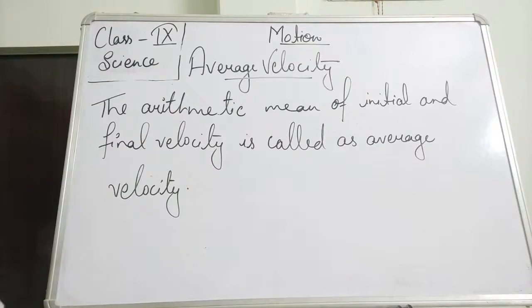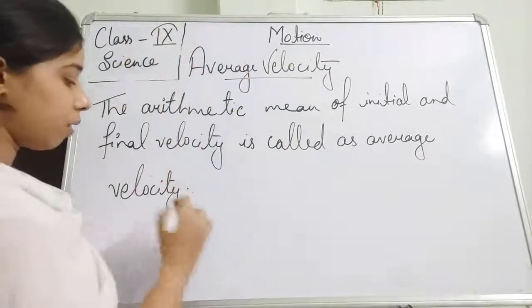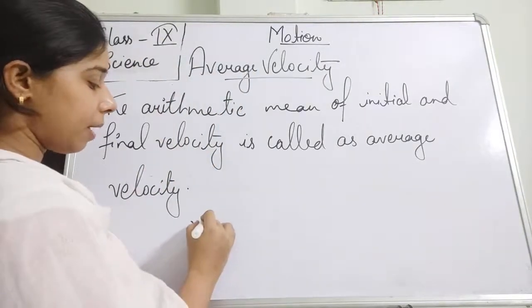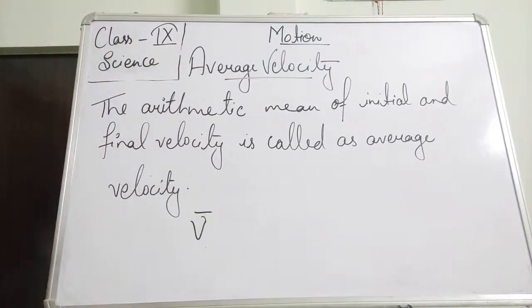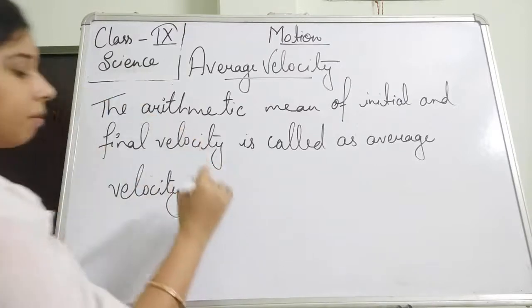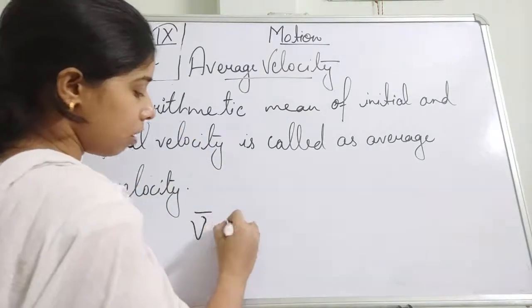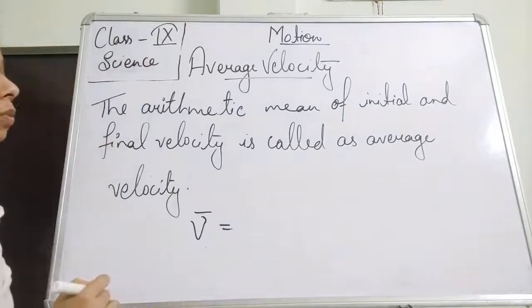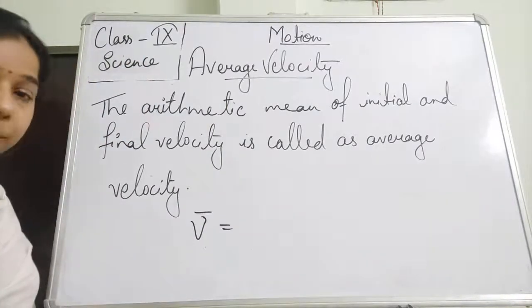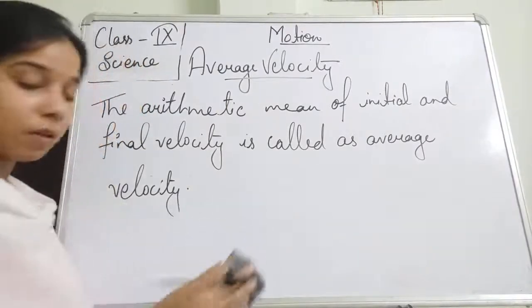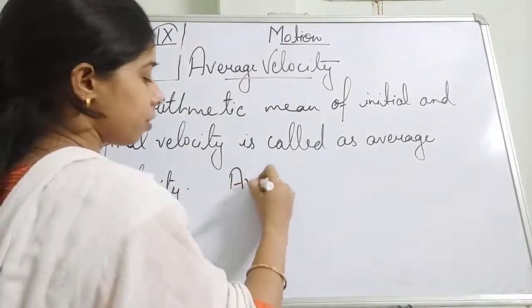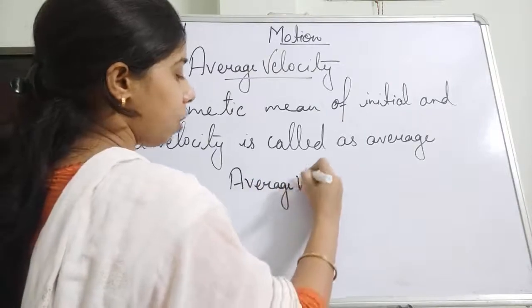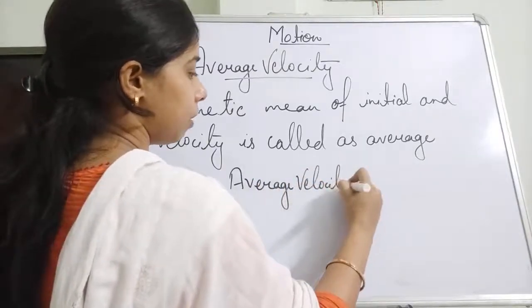If we represent the average velocity, we represent it by nu bar. This is the average velocity. First of all, let me write in words what the average velocity is.